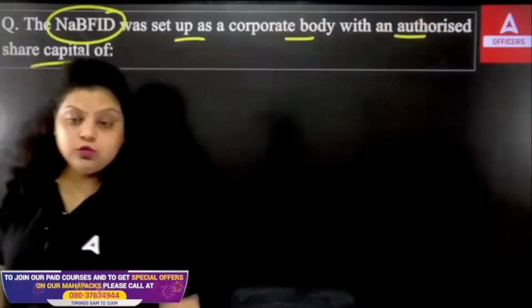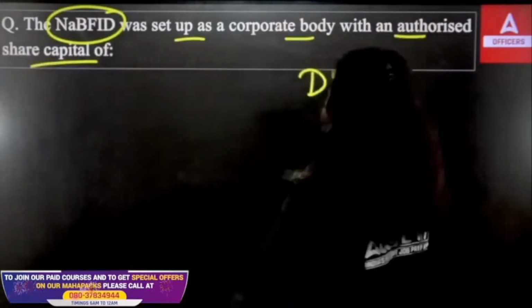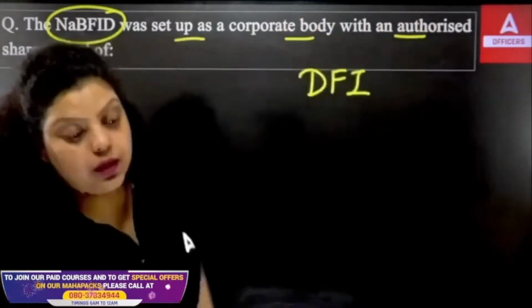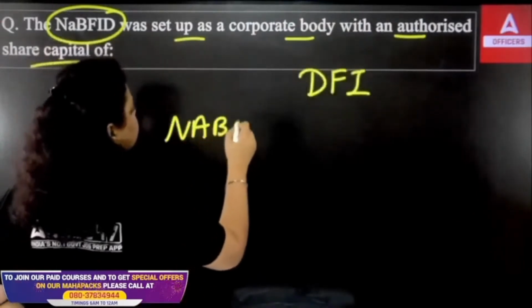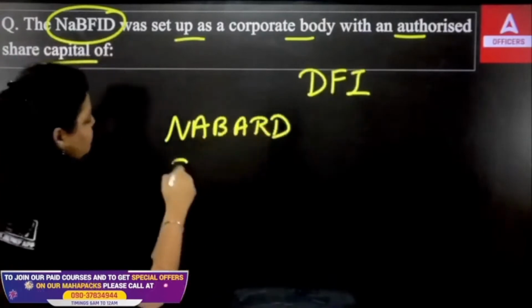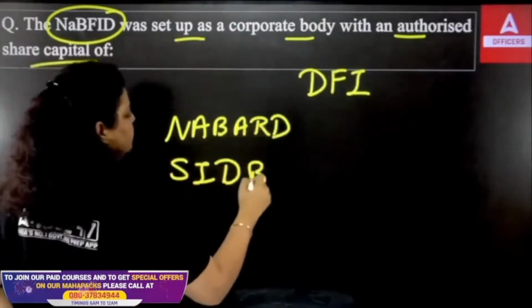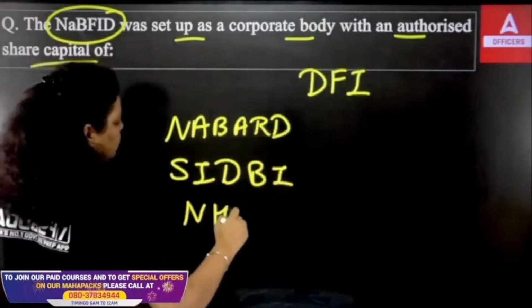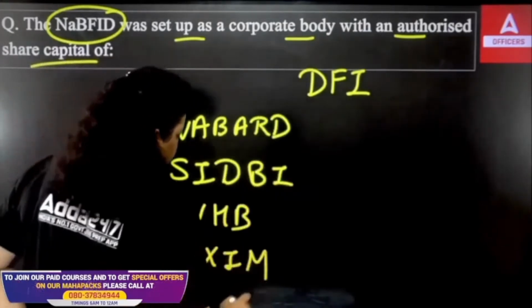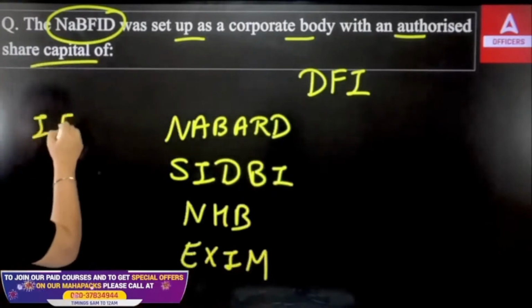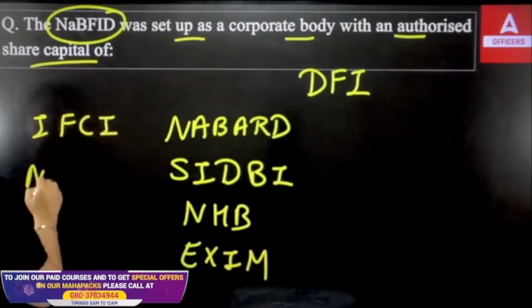capital of dash. So if I talk about the NABFID, NABFID is a development financial institution. We have NABARD, we have SIDBI, we have NHB, we have EXIM, we have IFCI, and then NABFID.